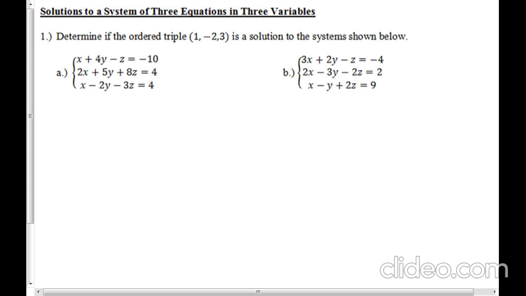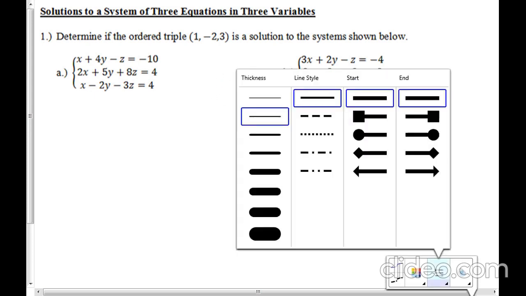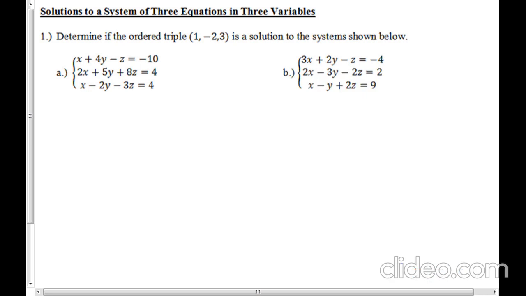So kind of like we had the ordered pair, if I just had (1, -2), my x coordinate is 1, my y coordinate is -2. With the ordered triple now, we extend that a little bit, and we go x, y, z. So my x would be 1, my y would be -2, and my z would be 3. So again, in problem 1, it says determine if this is going to be a solution for the system.